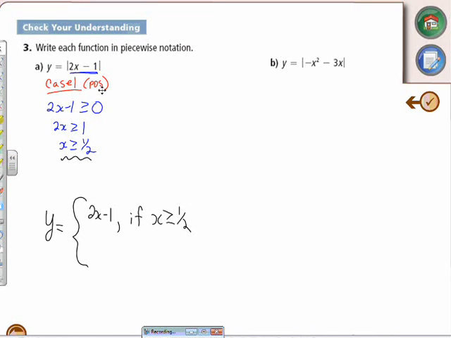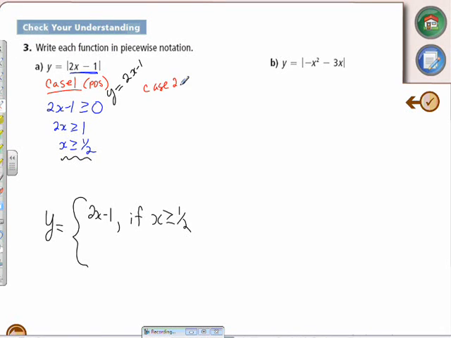Okay, so case 1 is going to be y equals 2x minus 1 when this happens: x is greater than or equal to 1/2.